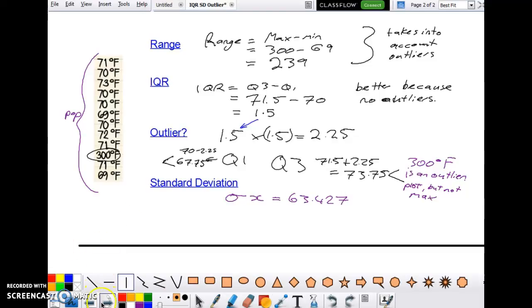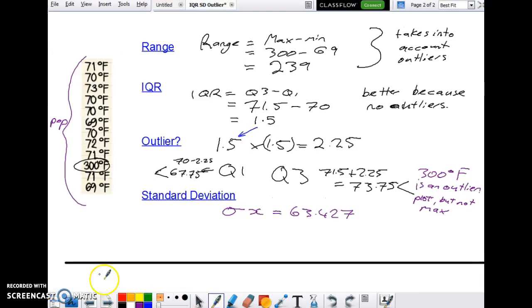I need to get a pen. What's our value? So we're going to go down to 69, so we'll make this 65. We'll go up in ones. No, we won't go up in ones. We need to go up in 2s, all the way up to 300.